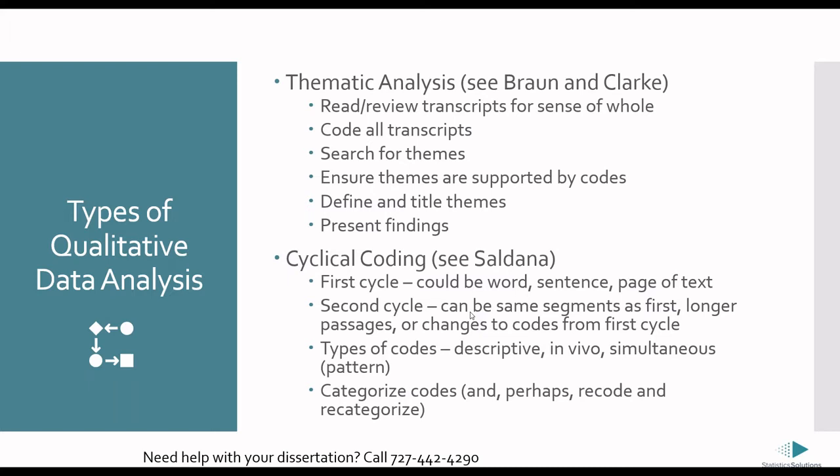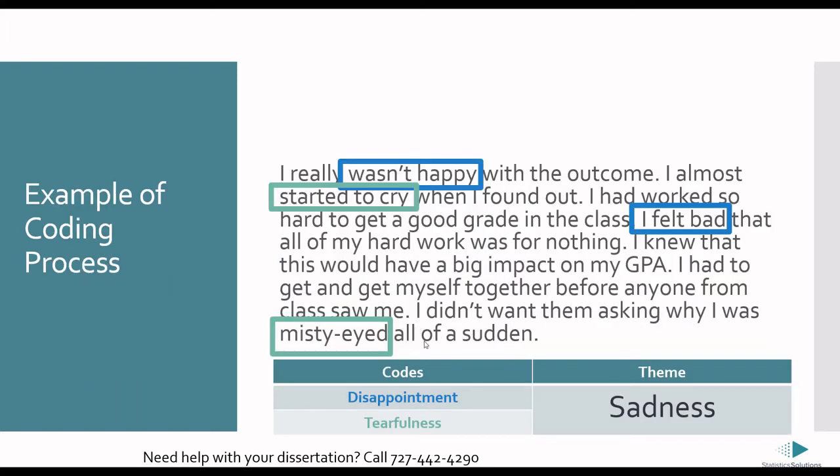And you can code in different ways. So you can assign descriptive codes, and descriptive codes are where you as the researcher come up with your own little descriptive title of that code. Okay, so as in the example with tearfulness and disappointment, nothing in this passage says disappointment or says tearfulness directly.